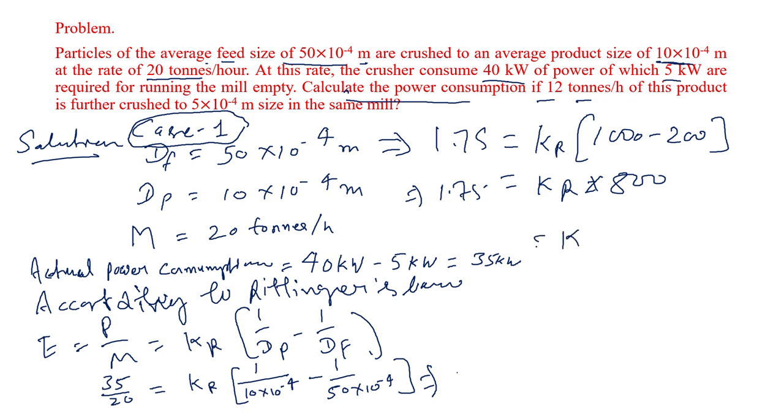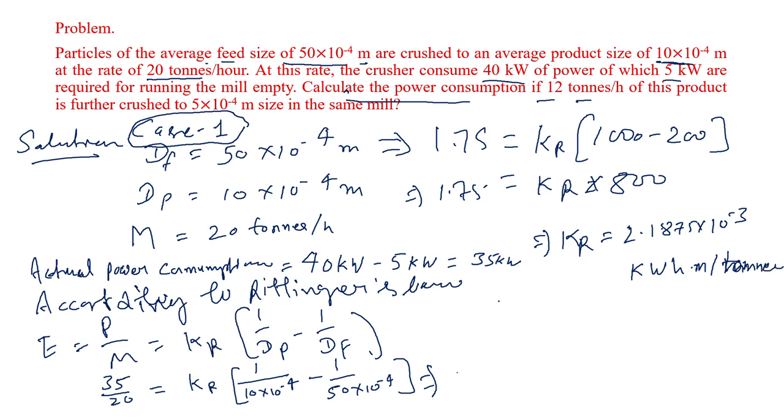So KR is calculated approximately as 2.1875 into 10 to the power minus 3 kilowatt hours meter per ton.